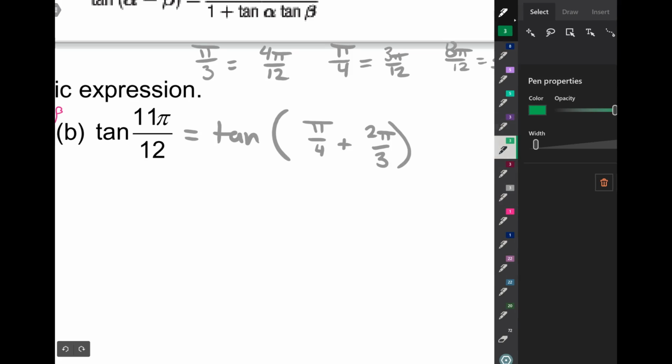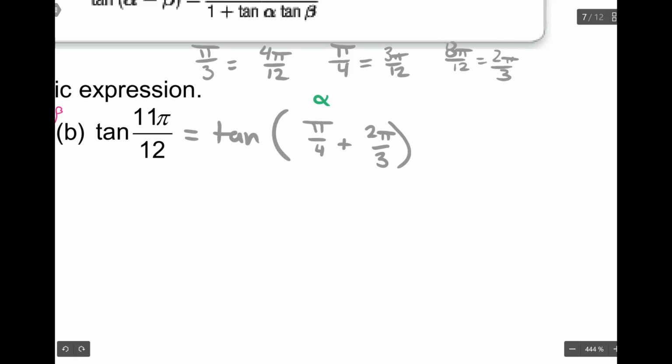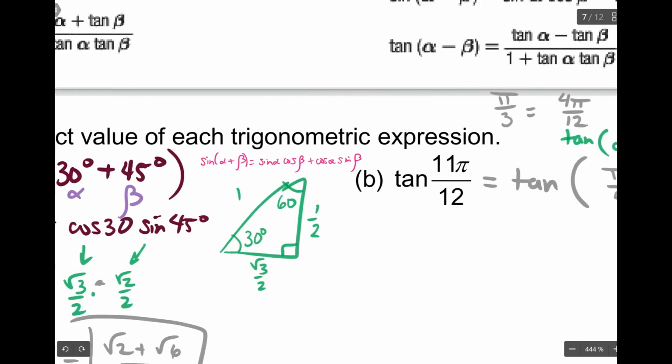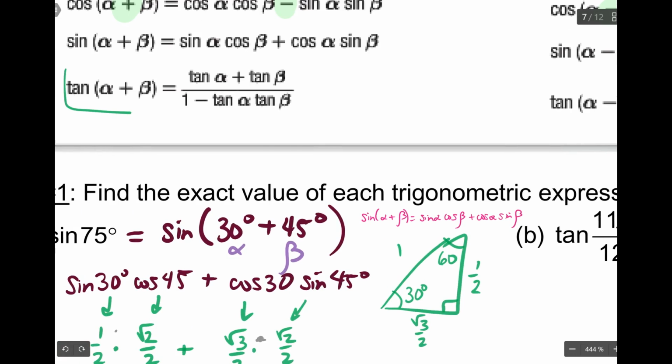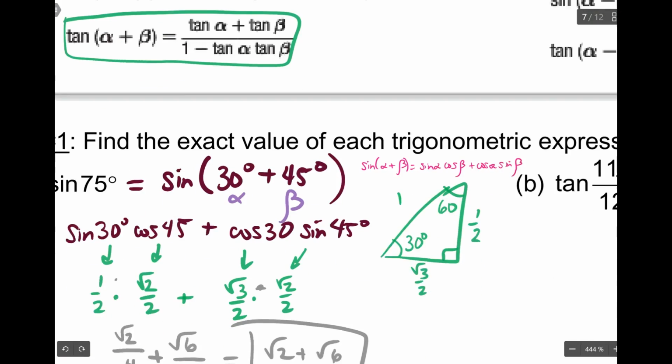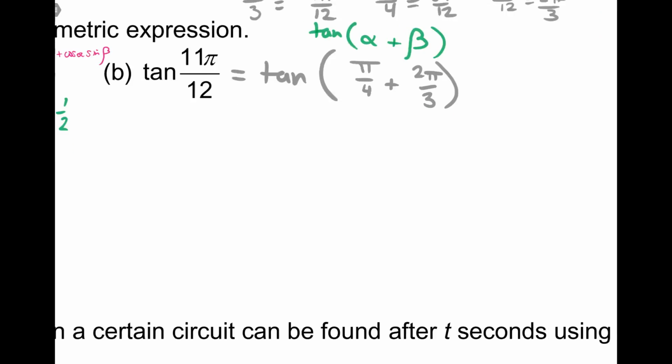So I'm going to have this be my alpha plus beta. All right. So over here we have the tan sum identity, so I can go ahead and plug in.